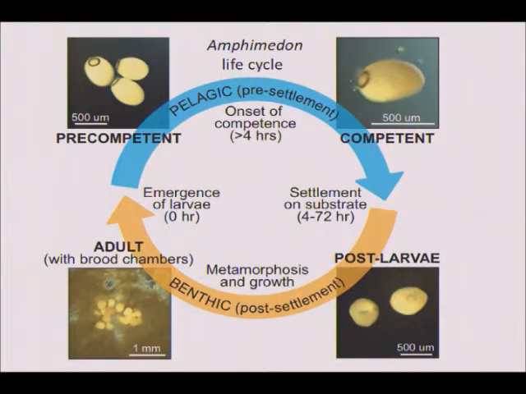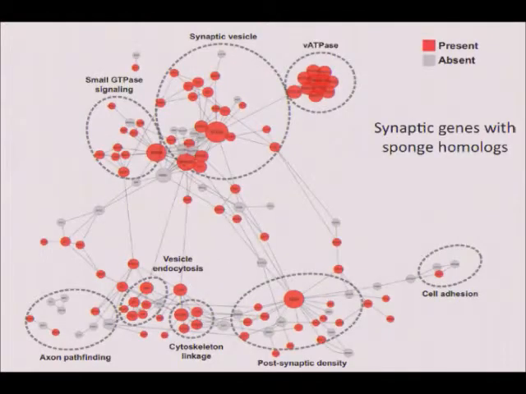Looking at all these, from pre-competent larvae to those that settle and become competent, and post-larva about to metamorphose into adults, we did transcriptomes on all these stages. And we looked at the expression of the synaptic genes in the transcriptome at each of these stages.